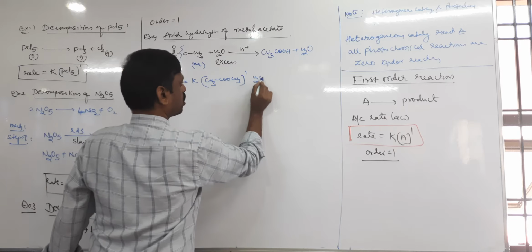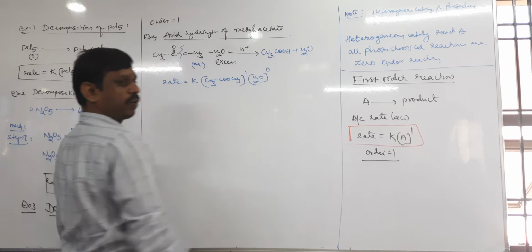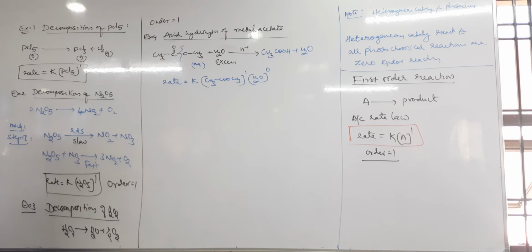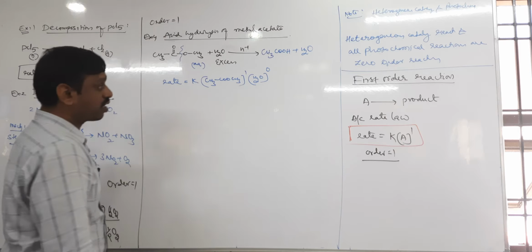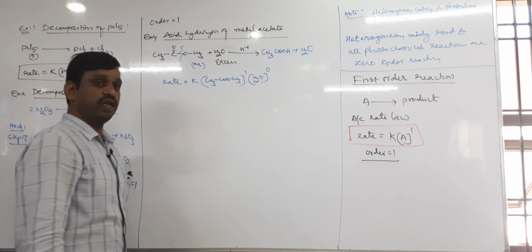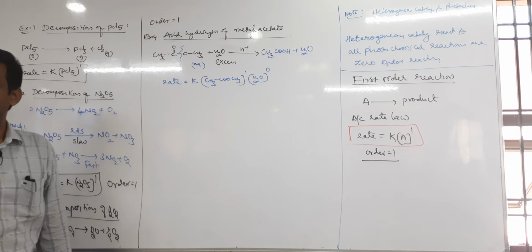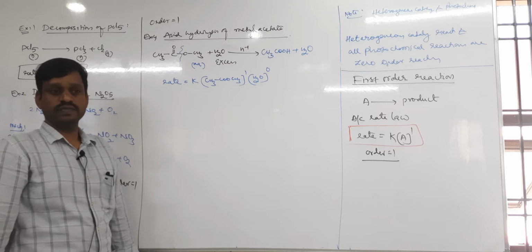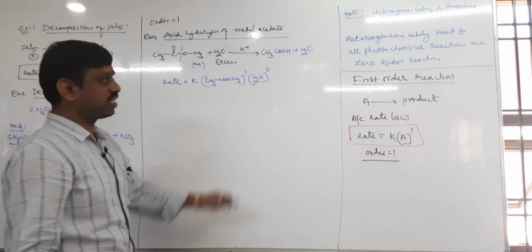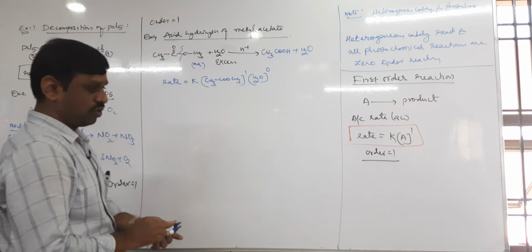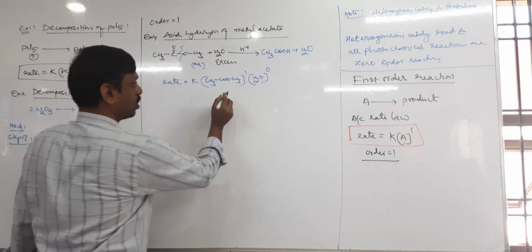You can take water also, but water power 0, because in a chemical reaction, a reactant taken in excess quantity does not change the rate, meaning order with respect to the excess reactant is 0. So therefore order is equal to only 1.